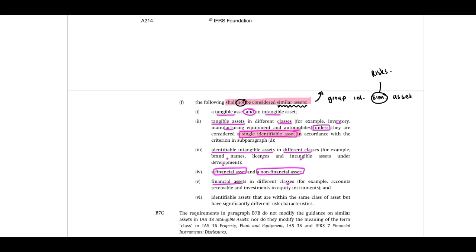And then identifiable assets that are within the same class of asset but have significantly different risk characteristics. There's our keyword again, guys, the risk characteristics. Therefore, they indicate to us that these types of assets will not be similar assets.